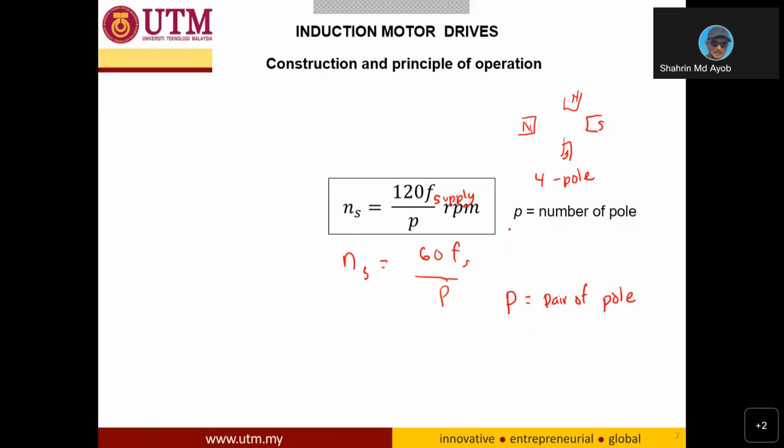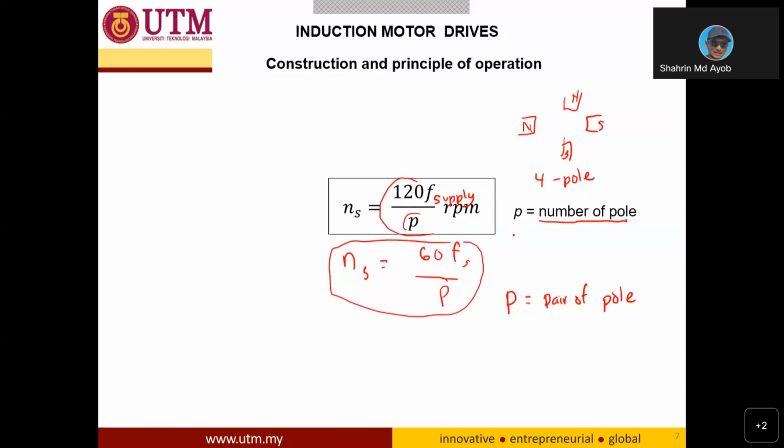Don't be confused, because both equations will result in the same values. But please be reminded of the values of P. If you are using the equation 120 multiplied with frequency supply over P, this P must be the number of poles.